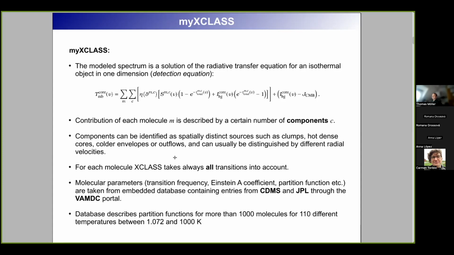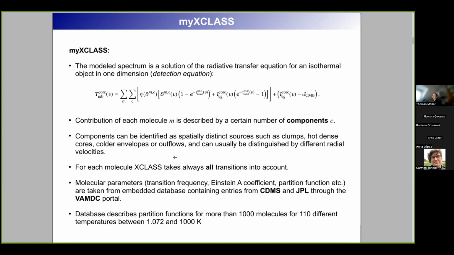In contrast to other packages, XCLASS always takes all transitions into account, which are contained within the observed frequency ranges. The molecular parameters which are required to create the synthetic spectra are taken from an embedded SQLite database, which contains entries from CDMS and JPL.